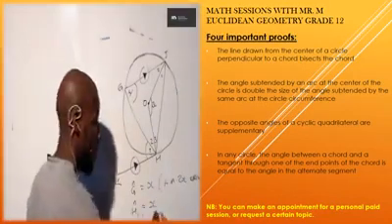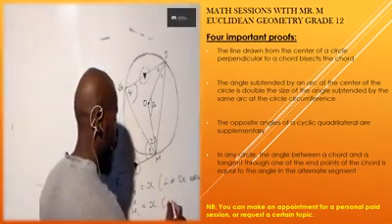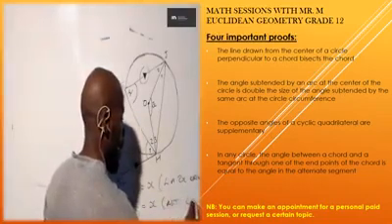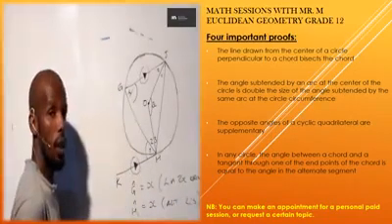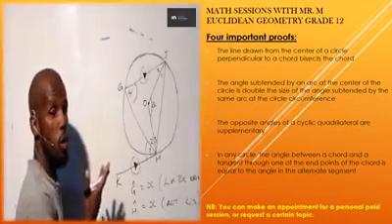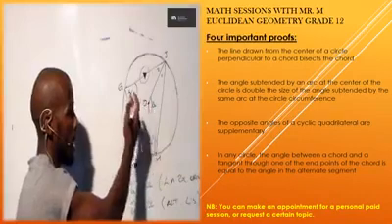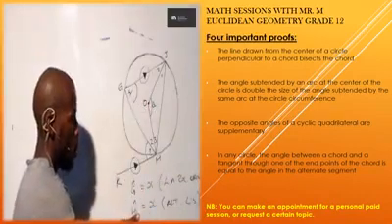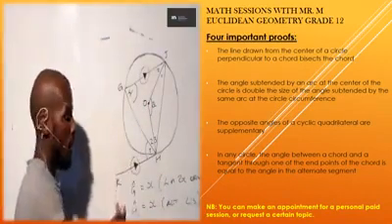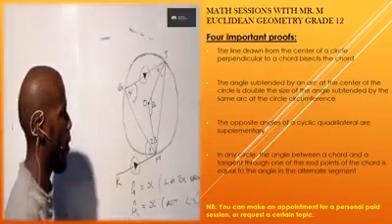Now our reason is that they are alternate angles. Do you see that now? So we have proven 2. Number 1, the angle that is double the size. Number 2, alternate angles.